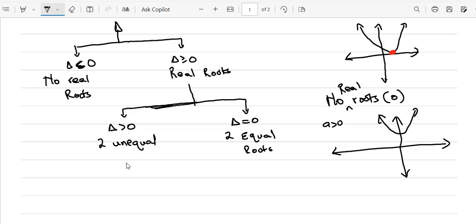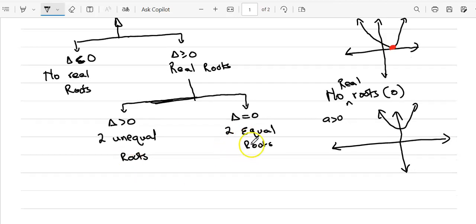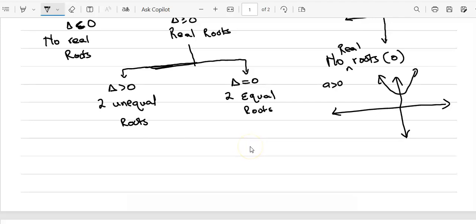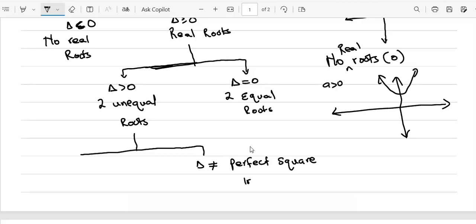But for this one, if the discriminant is not a perfect square, we can say that it is irrational. The nature of the roots will be irrational roots.